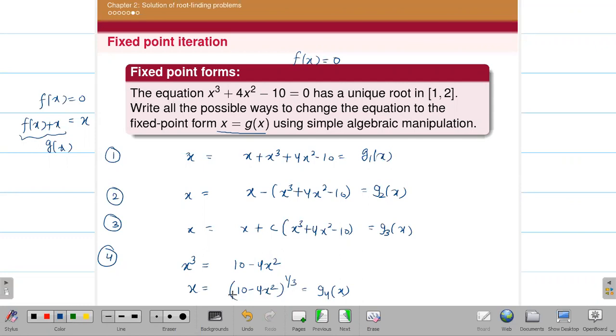That is our type. From the equation only you will get the forms. If I write 4x square on the left hand side and 10 minus x cube on the right hand side, I will get 10 minus x cube divided by 4, then the square root of it. This is also one type.